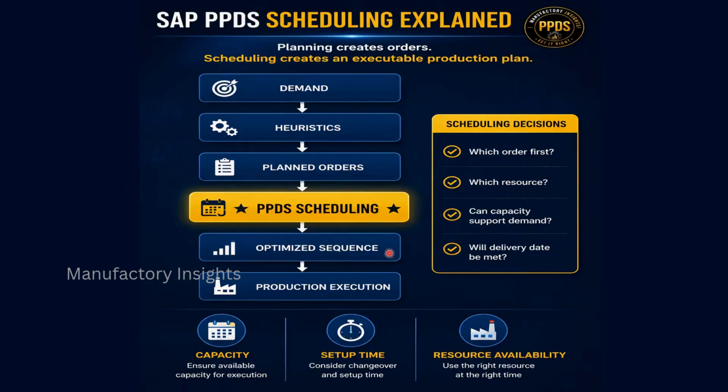Scheduling analyzes available capacity, setup times, and resource availability to create an optimized production sequence. The result is an executable production plan that can be released to the shop floor for manufacturing execution. So in simple terms, planning creates orders, scheduling creates a realistic production schedule.